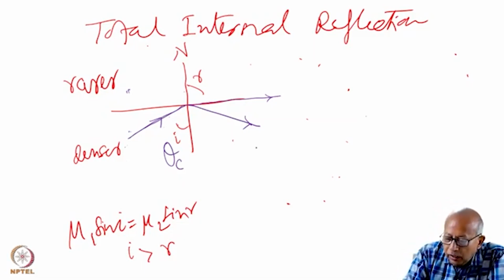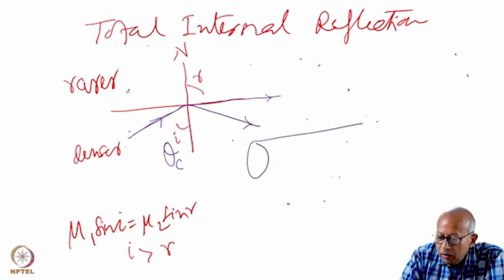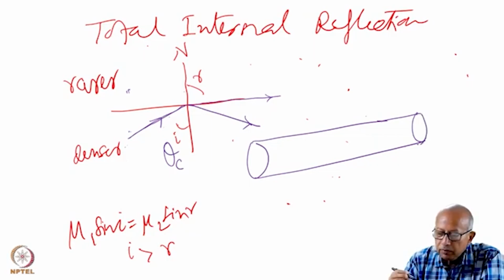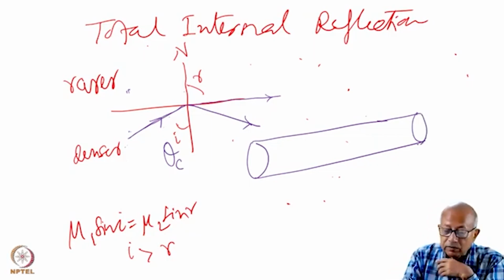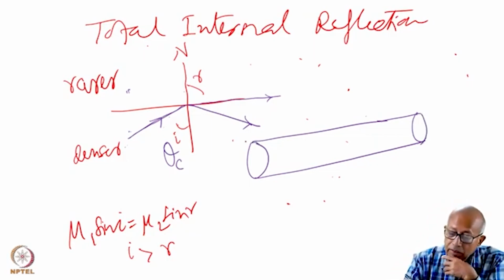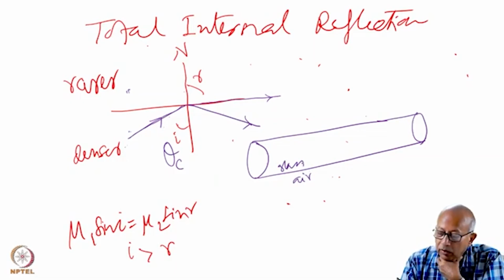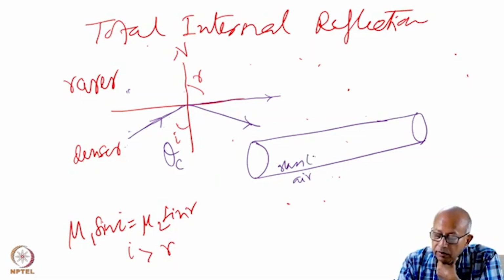So optical fiber is a thin glass tube, flexible of course, some kind of glass. Now this is glass and this is air. Glass is denser and air is rarer.